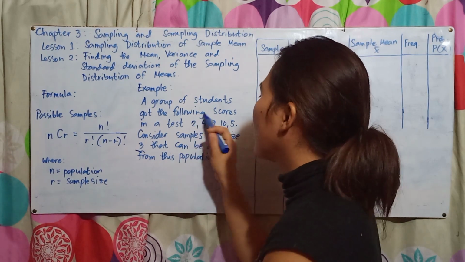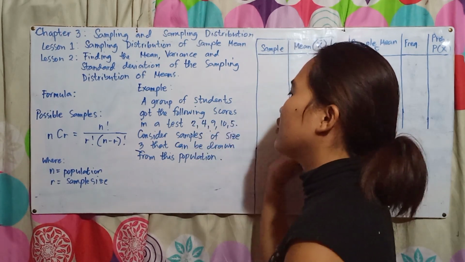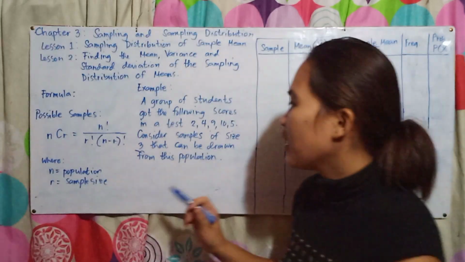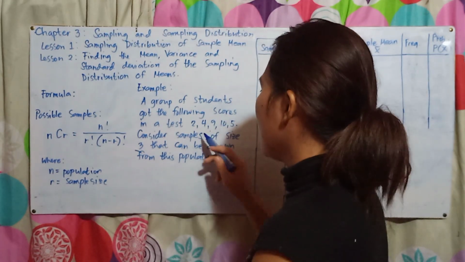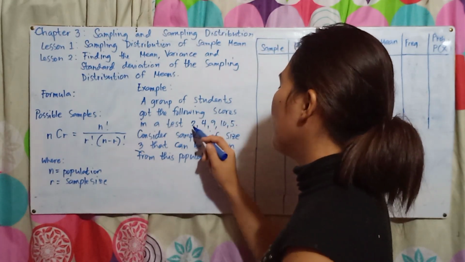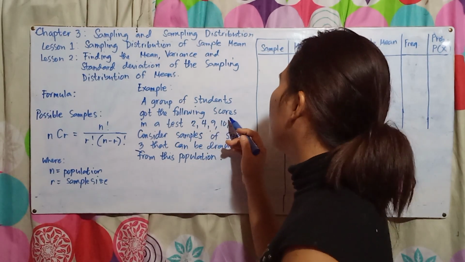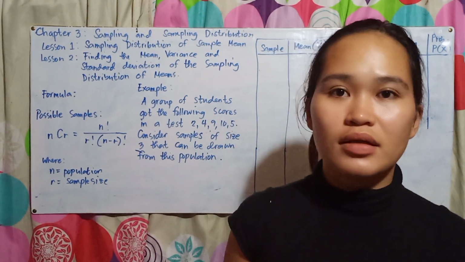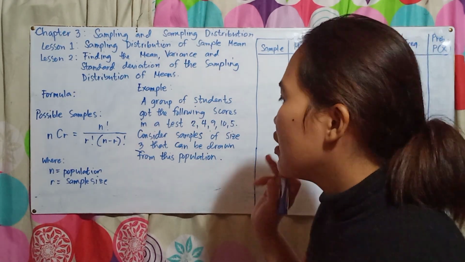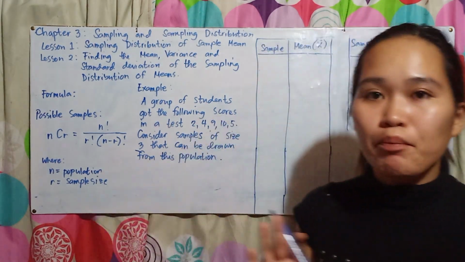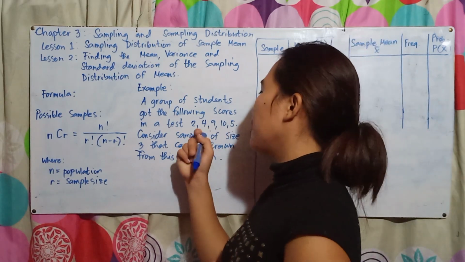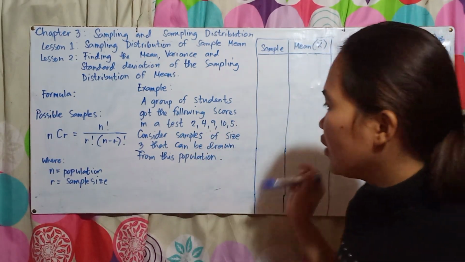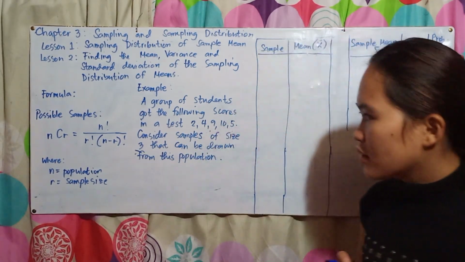So, how many possible outcomes? You group them in threes. It can be 2, 4, 9. It can be 4, 9, 10. It can be 9, 10, 5. So how many possible samples in total out of the 5 scores, given that the sample size is 3?